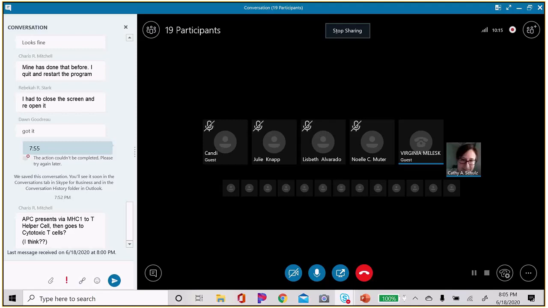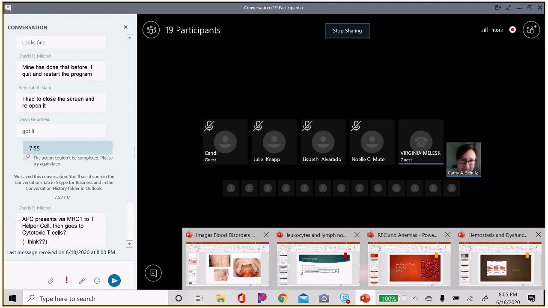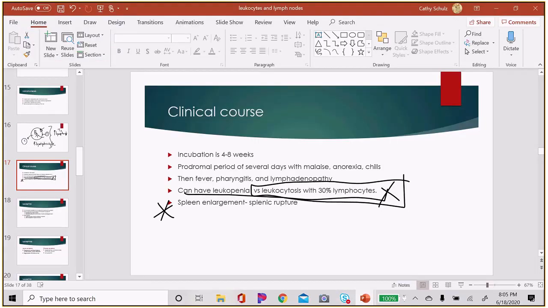So if a person comes to see you and says, I think I've been exposed to mono, I have these symptoms, it's been over a month since the possible exposure, so could be that they've had time to mount an immune response. One of the ways that you could diagnose Epstein-Barr virus infection is to do what's called an Epstein-Barr viral panel. And you can do this for lots of viruses.